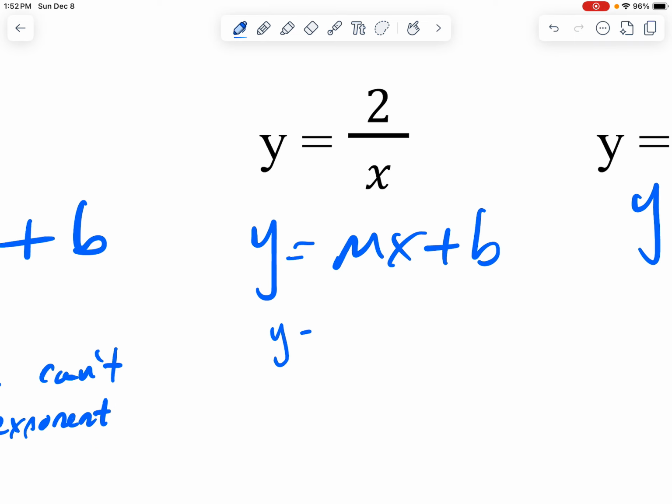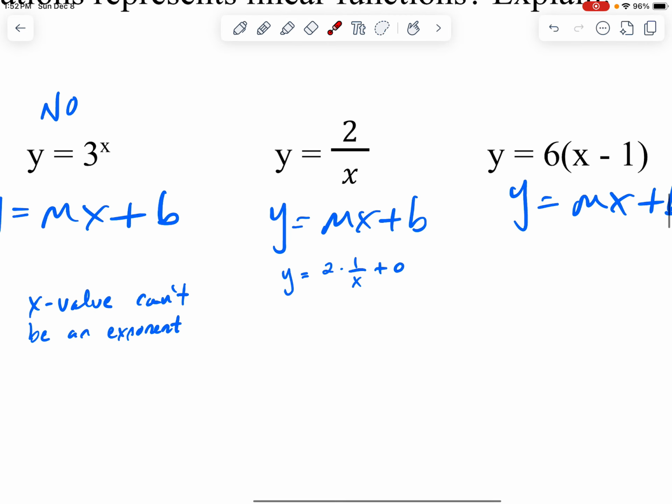If we were going to try to rewrite this, this would be 2 times 1 over x, because that x is on the bottom, plus 0, but this is not okay. Again, the x value has to be in the top of a fraction. This is not a linear equation.